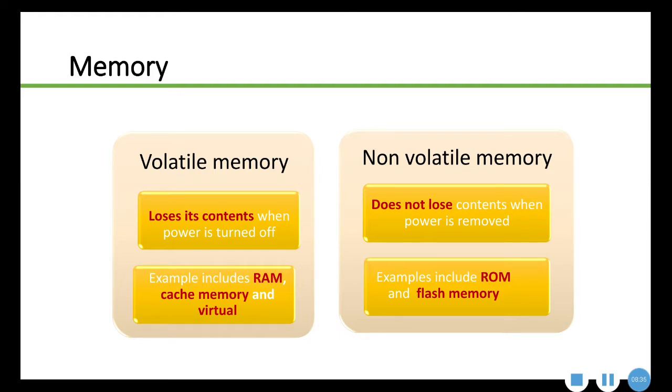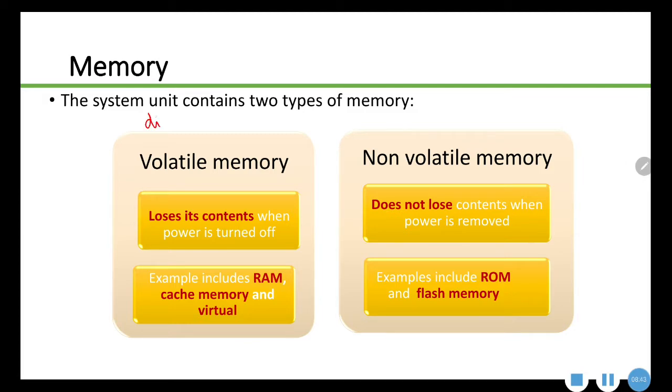Memory we can divide into two types: volatile and non-volatile. Volatile means disappear. If you have power off, it will be lost.